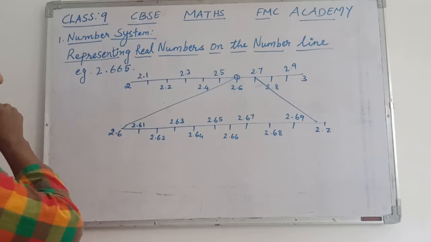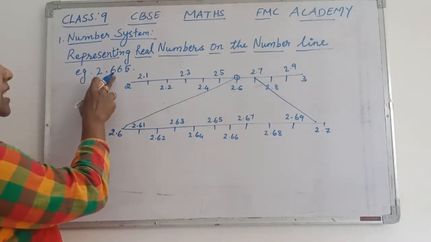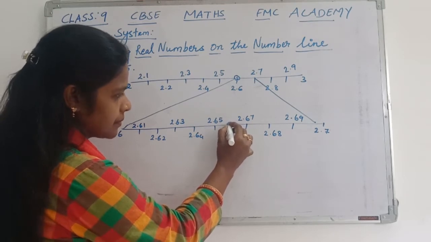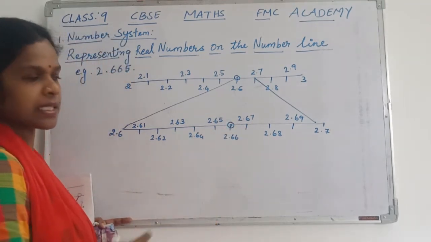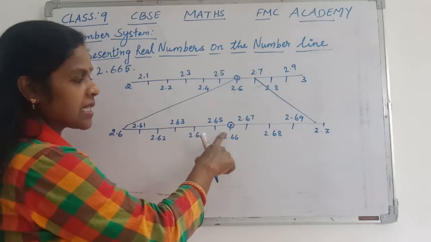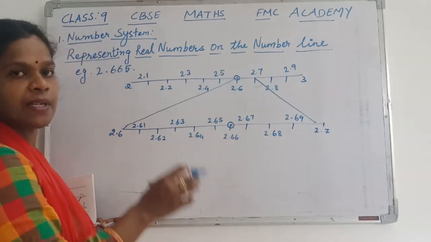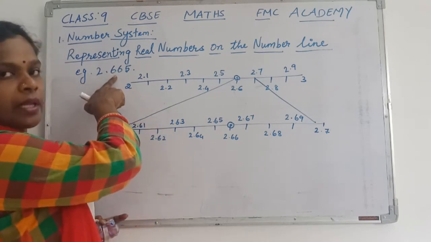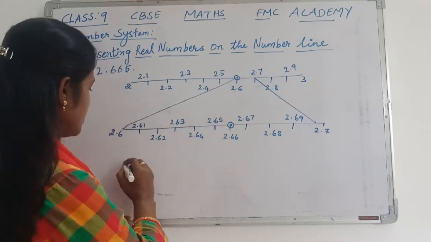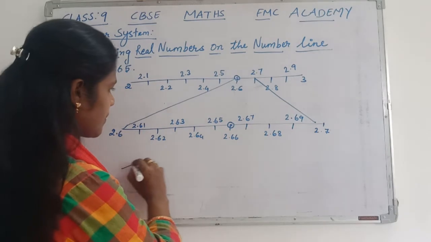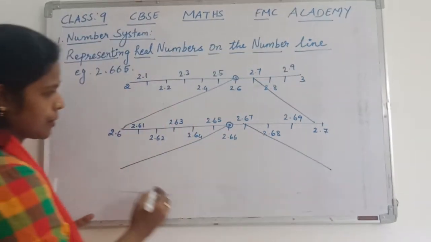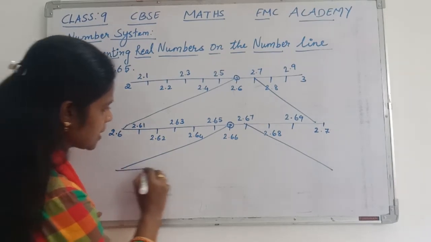Now just see which number I told: 2.66 you are going to take. Where is it? This one over here, 2.66. Now 2.66 and just next to that, 2.67. Those two numbers you are going to take. There you are going to search for the number which is over here, right? So again the same way, between these two you will make 10 equal parts.